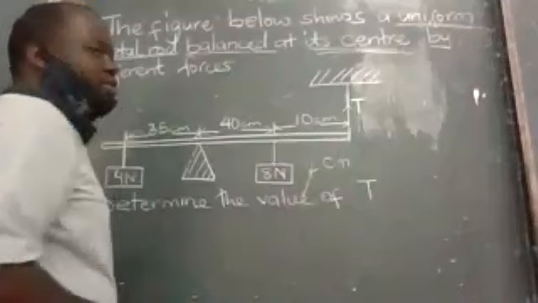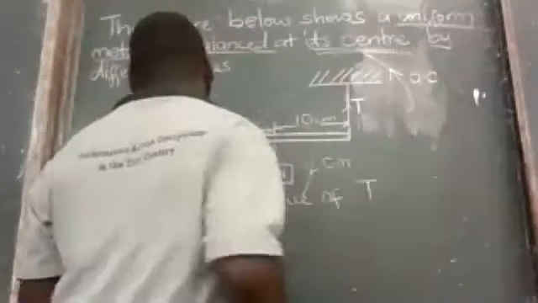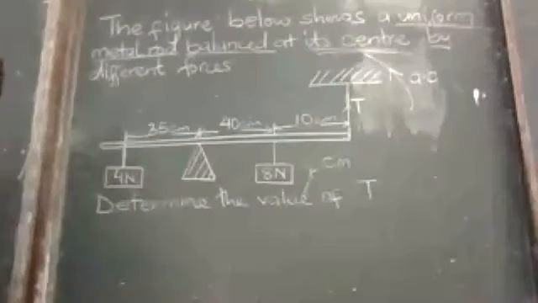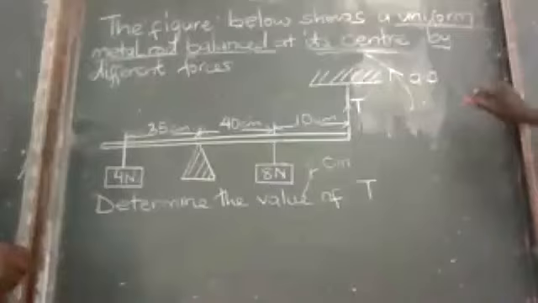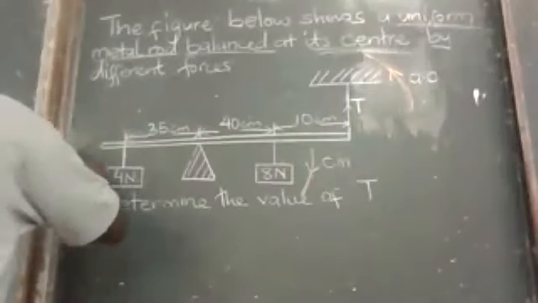Anti-clockwise. Wonderful. We come to 4 newtons. It is likely to turn the body in which direction? Anti-clockwise. Wonderful. You are such a wonderful class. So this one will be an anti-clockwise turn.